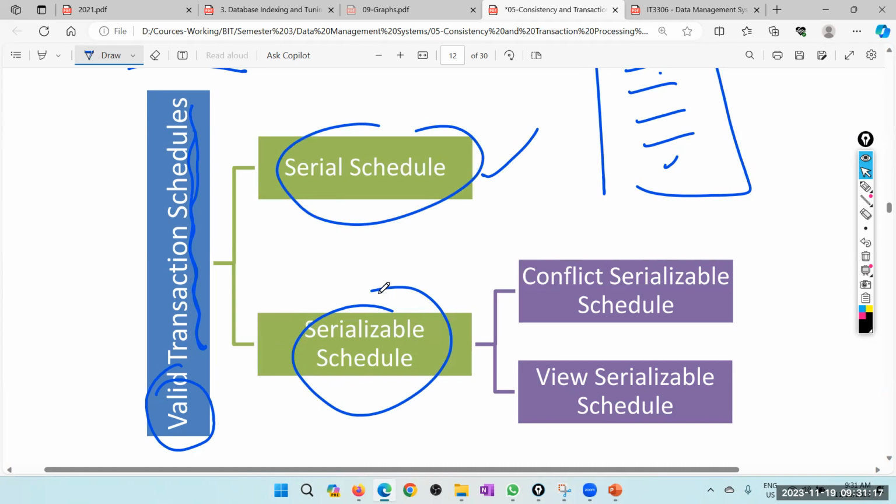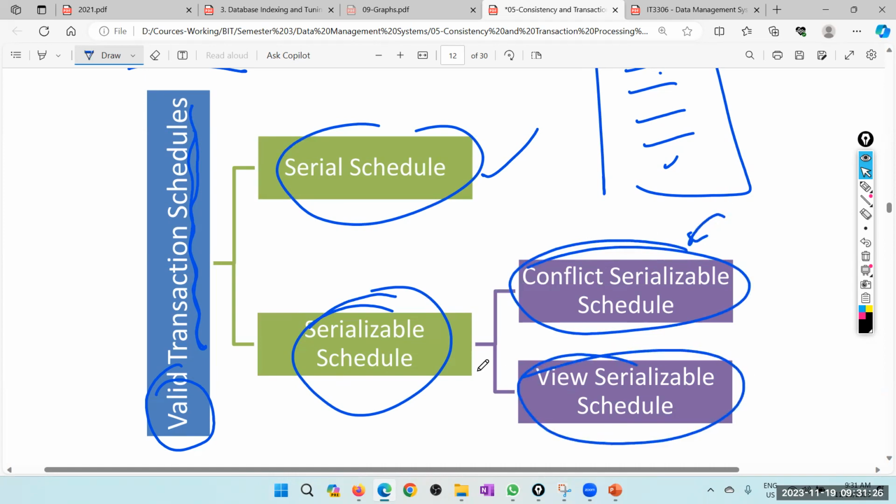And serializable schedules, we can subdivide into two subcategories: conflict serializable schedules and view serializable schedules. First, we will look at serial schedules, which are the easiest to understand, but these are the least efficient schedules. Valid, but not efficient.